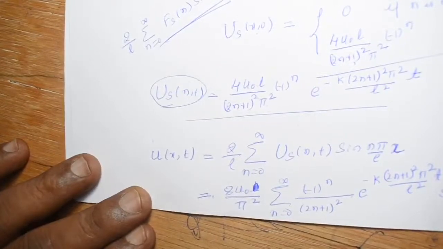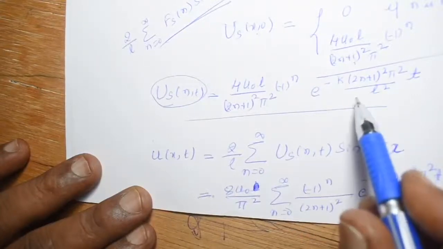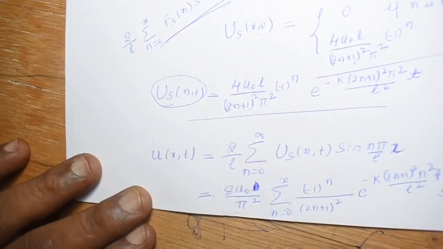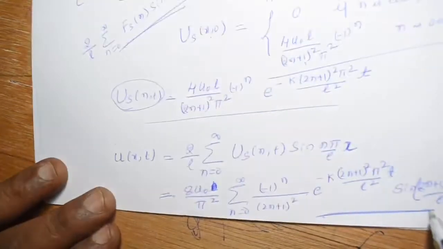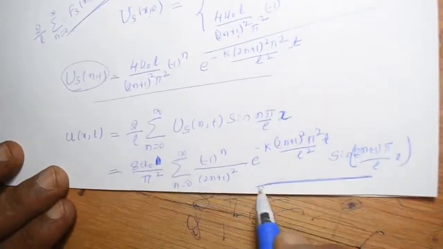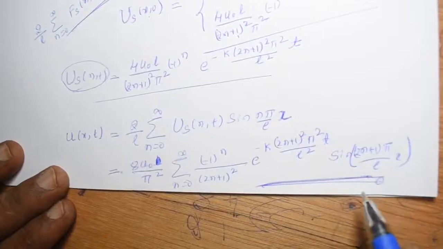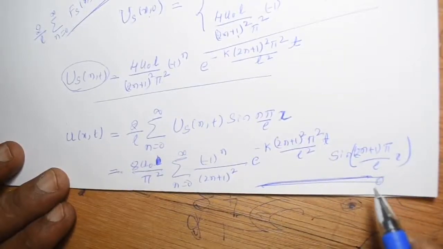N means here you have to write 2n plus 1 because it is true only for the odd values. That's why it will become (2n plus 1) into pi by L into x. So this will become the solution for the given partial differential equation.